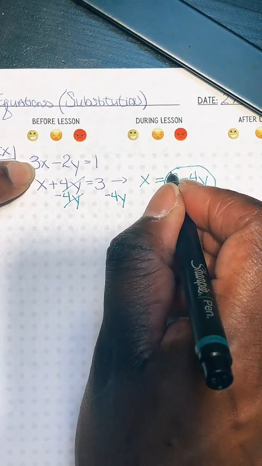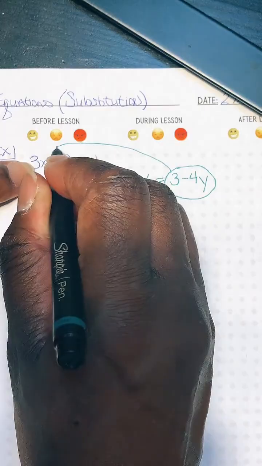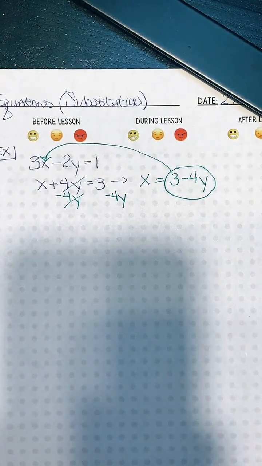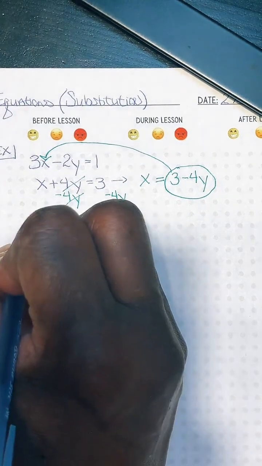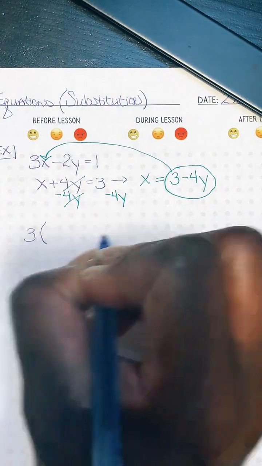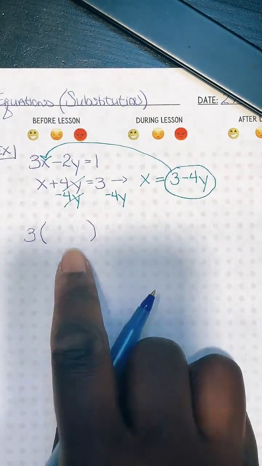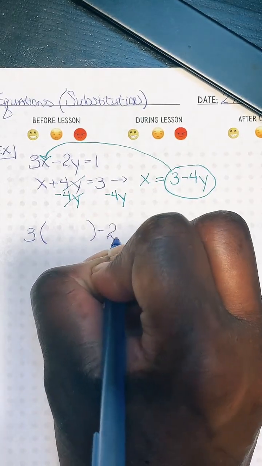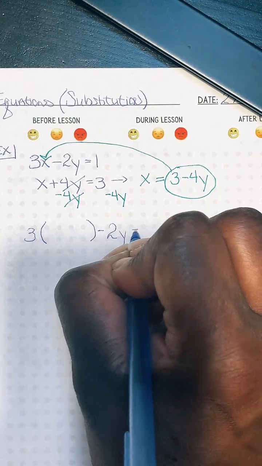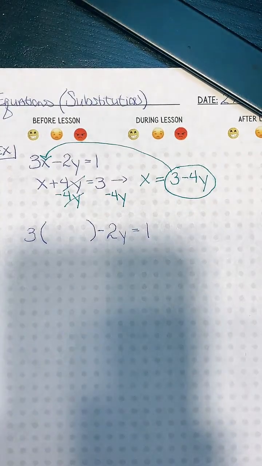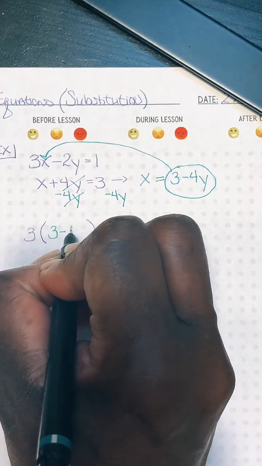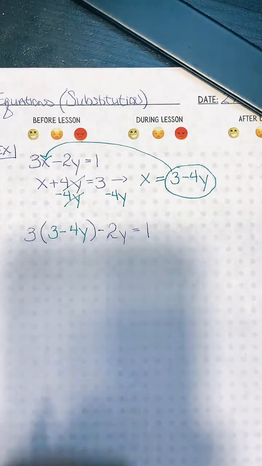So I'm going to take this information and plug it in for x. So it's going to look like this. There's a 3, and I'm going to put a parenthesis because that's where we're going to put the information. Then it has a minus 2y equals 1. And inside this parenthesis is going to be 3 minus 4y.